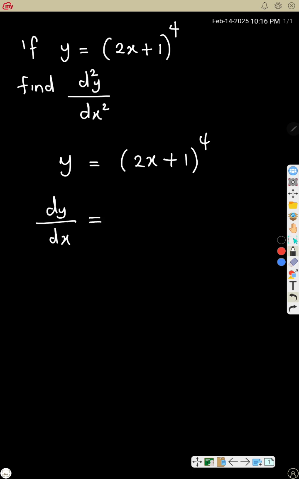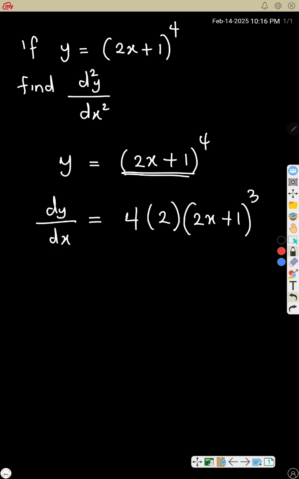So how do I differentiate this function of a function? The first thing, write the power. The power is 4, write it. Open a bracket. Now differentiate what you have in this bracket. I have 2x plus 1, so differentiate, that is 2. Then rewrite everything in the bracket.